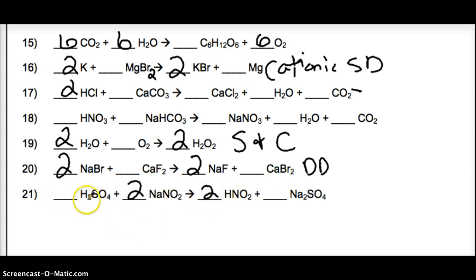So make sure everything's good. 2 hydrogen, 2 hydrogen, 1 SO4, 1 SO4, 2 Nas, 2 Nas, 2 Ns, 2 Ns, 4 oxygen, 4 oxygen. Okay, so there's going to be 2 things switching places here. The hydrogen's going to go with the NO2, and the Na is going to go with the SO4, so this is a double displacement or double replacement.